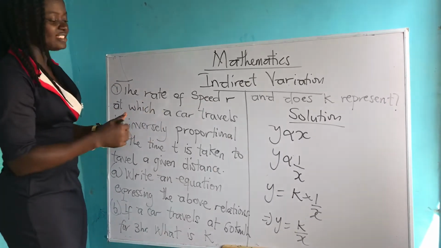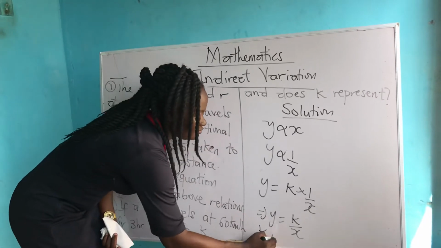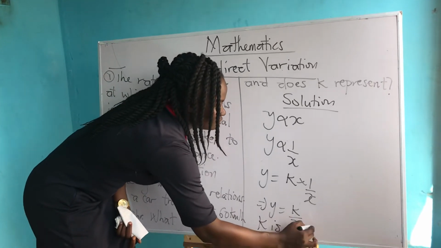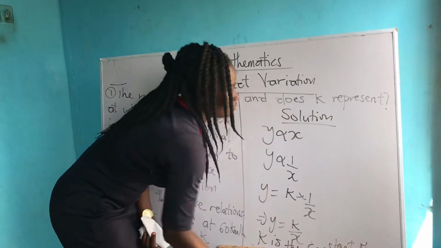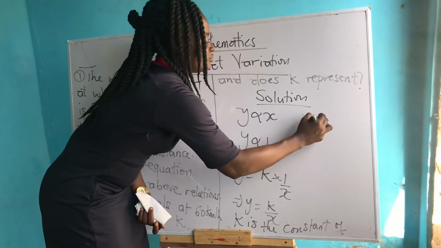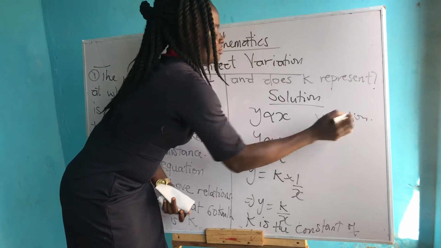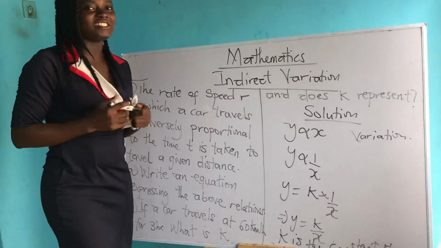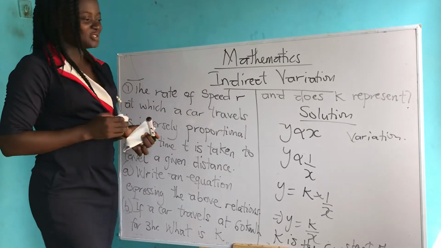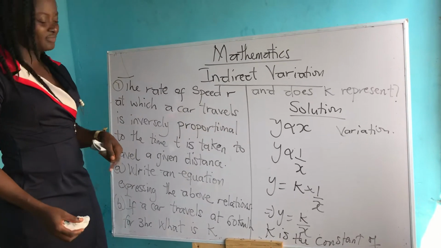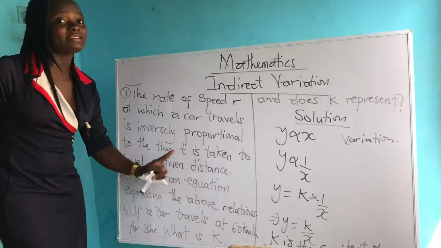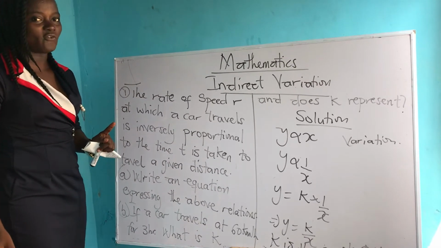And we know that K is the constant of variation. So it means that we have to look for K in this question. We just do a simple substitution.